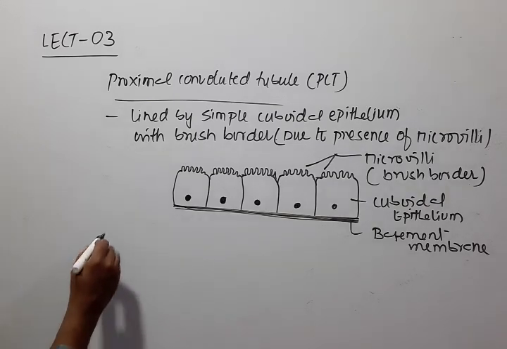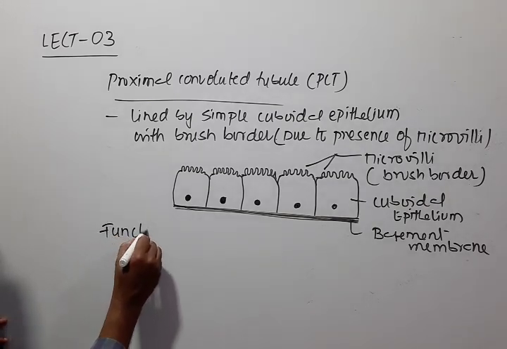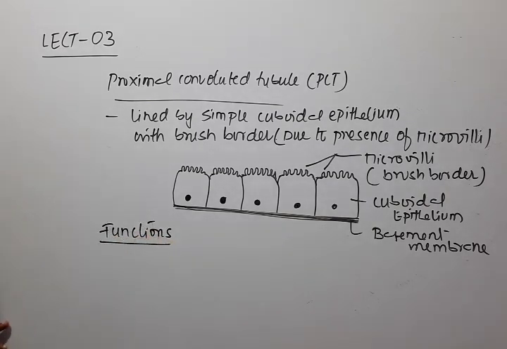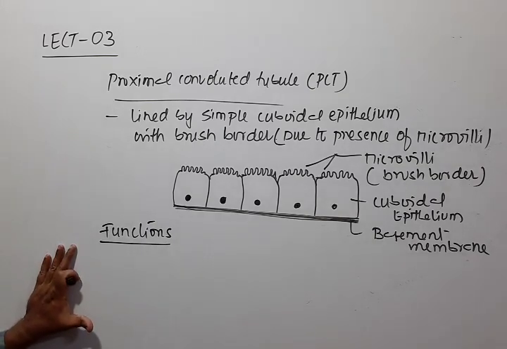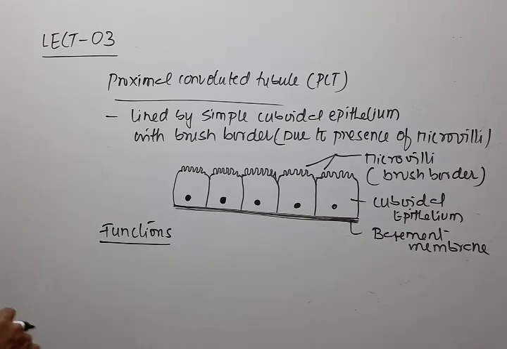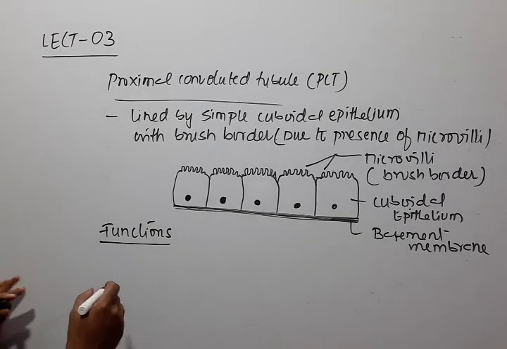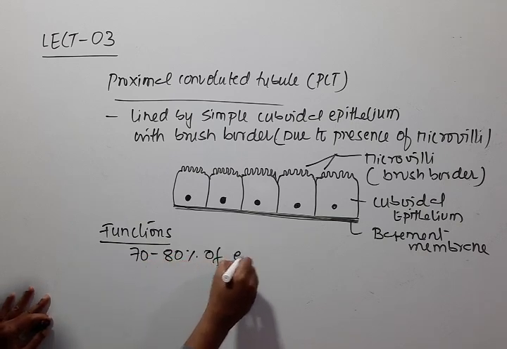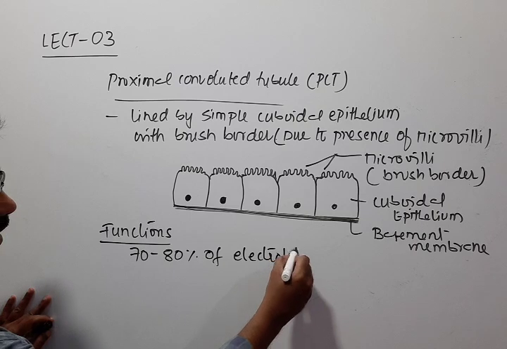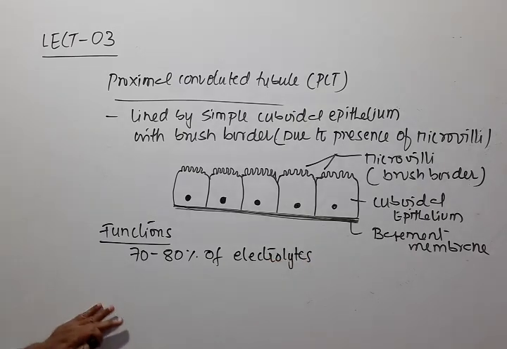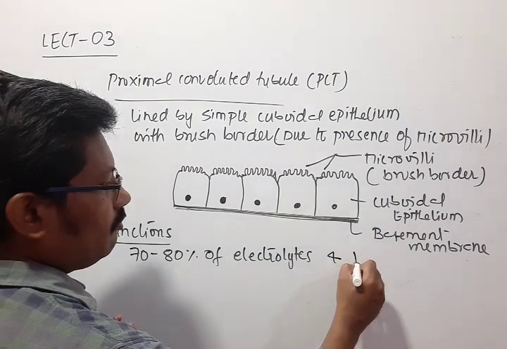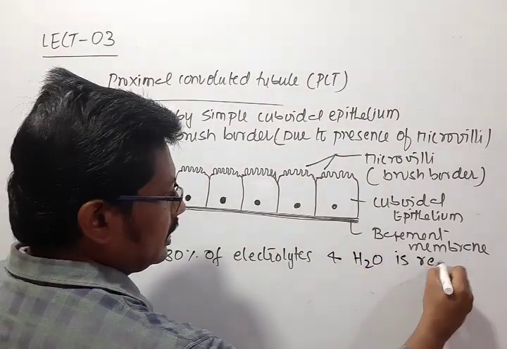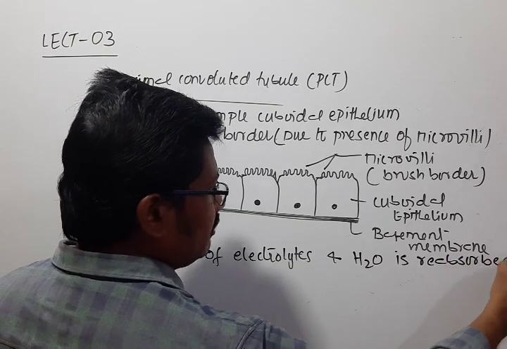Now let's look at the functions of this PCT. What happens in the proximal convoluted tubule? In the PCT, 70 to 80% of electrolytes and water is reabsorbed.